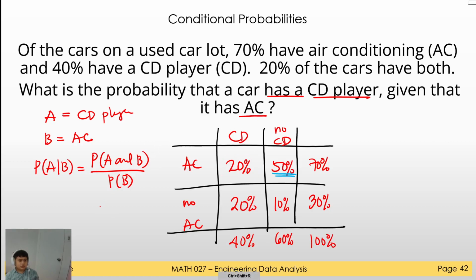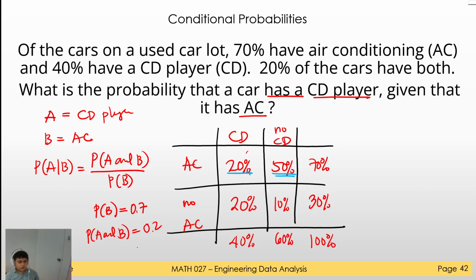So the probability of B occurring is 70%, so 0.7, and the probability of A and B, that it has both a CD player and an AC, is actually just 20%, or 0.20.